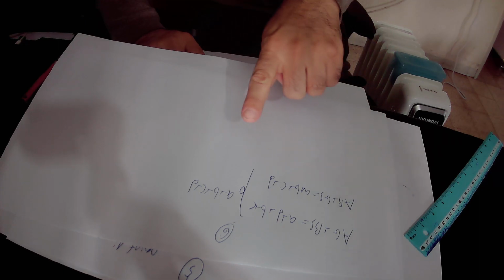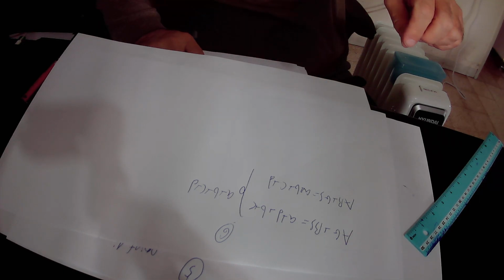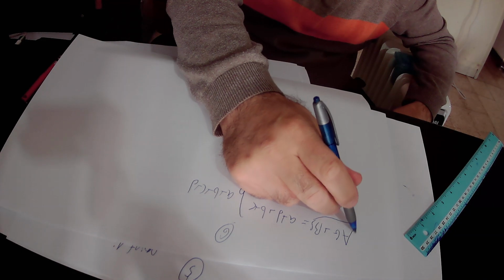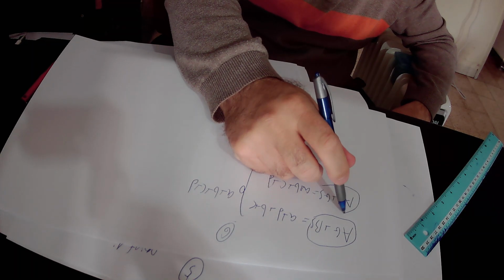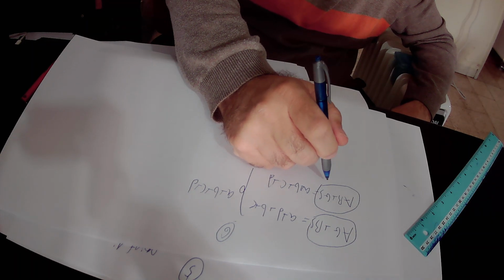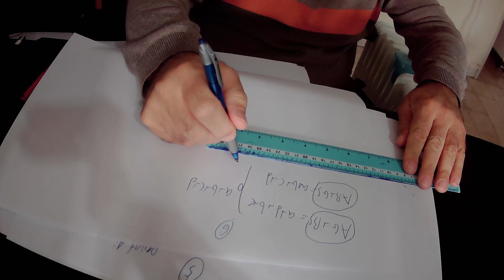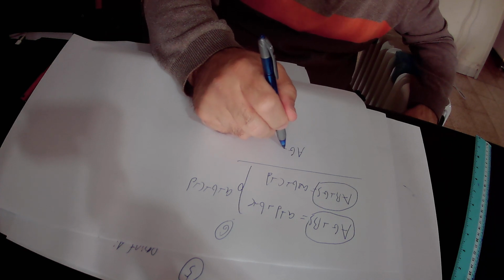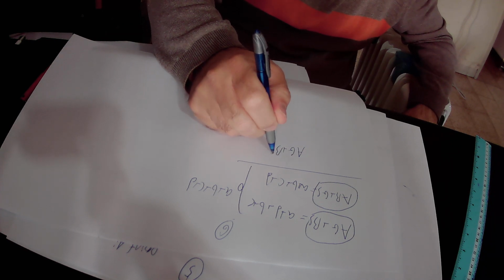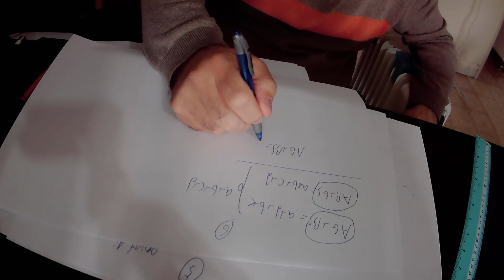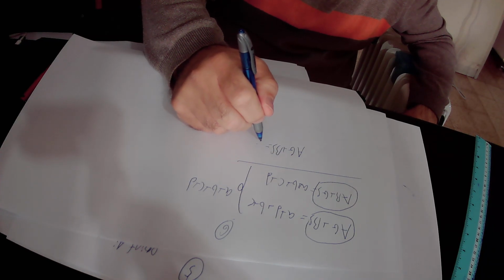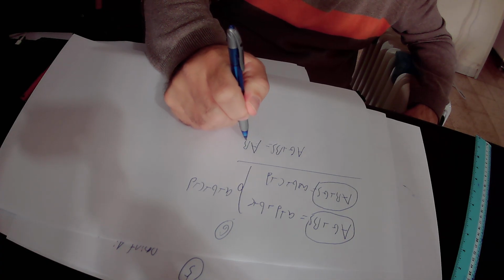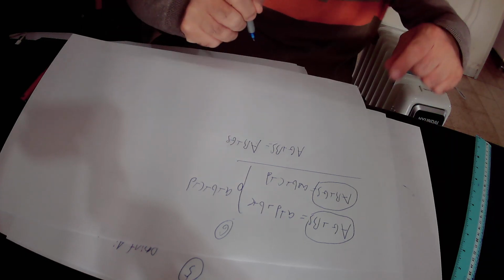AG plus BS also equals a plus b plus c plus d. So those two expressions are both equal to a plus b plus c plus d, therefore they are equal to each other. That is to say, AG plus BS equals AB plus GS.